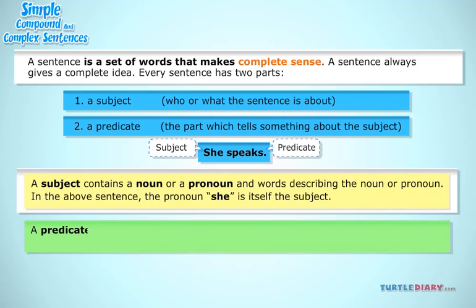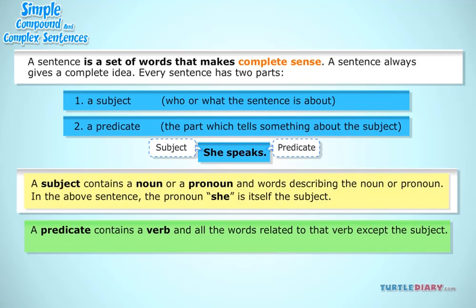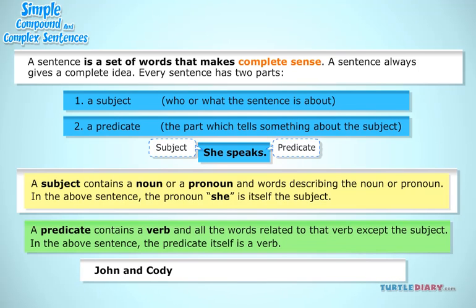A predicate contains a verb and all the words related to that verb except the subject. In the above sentence, the predicate itself is a verb. For example, John and Cody play basketball whenever they get time.